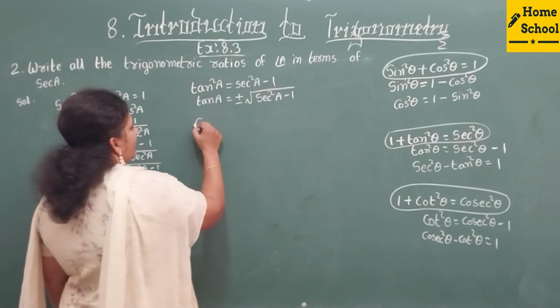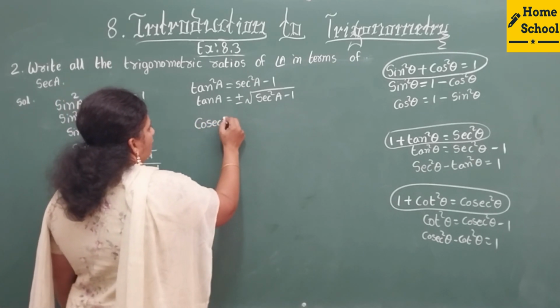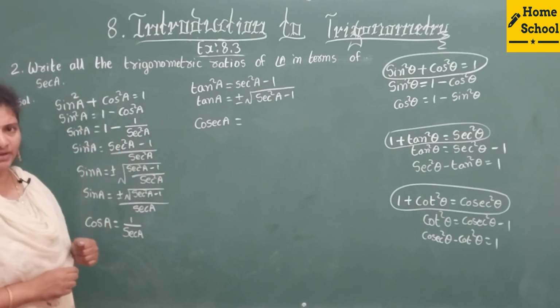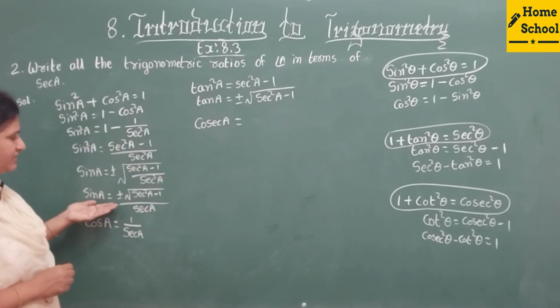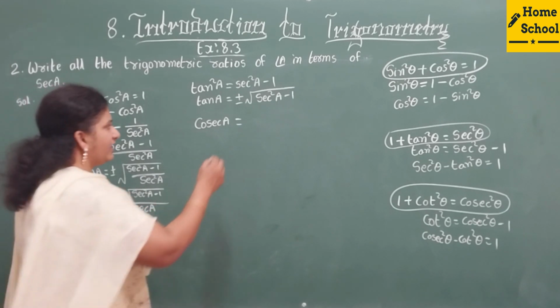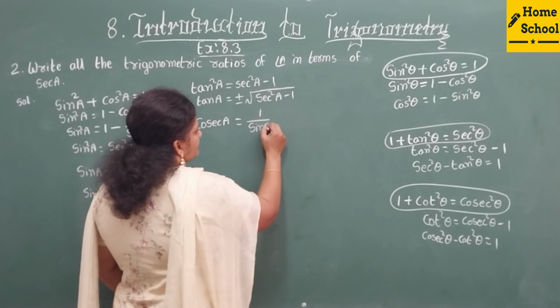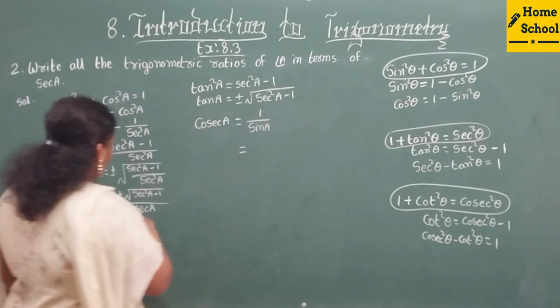Next, cosecant A in terms of secant A. Cosecant A is nothing but 1 by sin A. Already you got sin A in terms of secant A. Write that one only. Cosecant A is equal to 1 by sin A. What we got for sin A here?